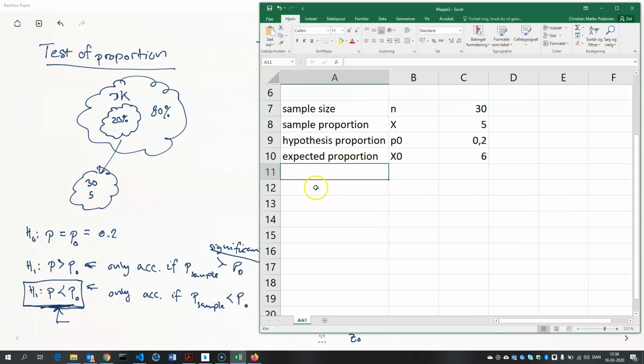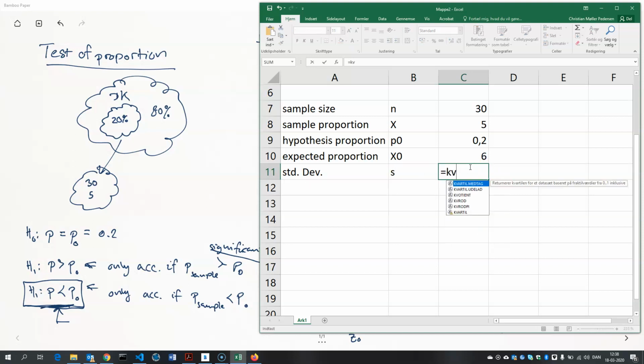Right. And then we can compute the standard deviation. I'll call it S here. And that's the square root. In Danish, that's this kvadratroot. Square root of n times p0 times 1 minus p0.